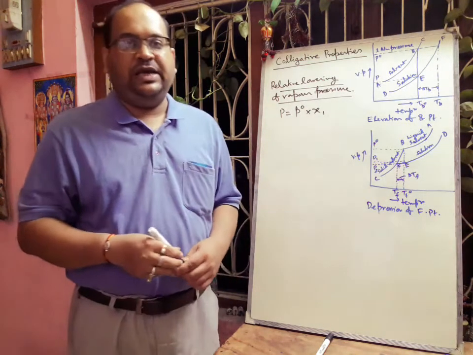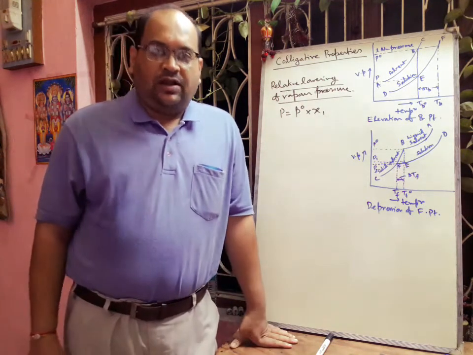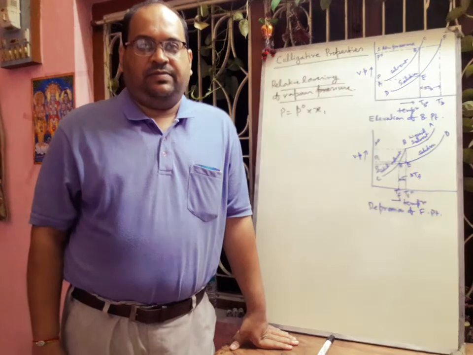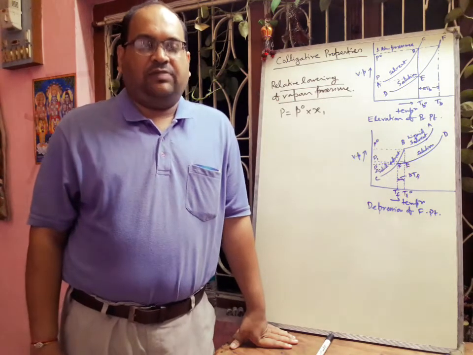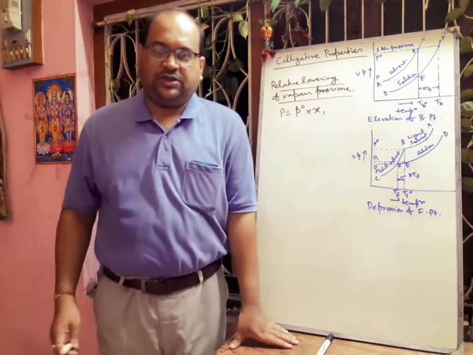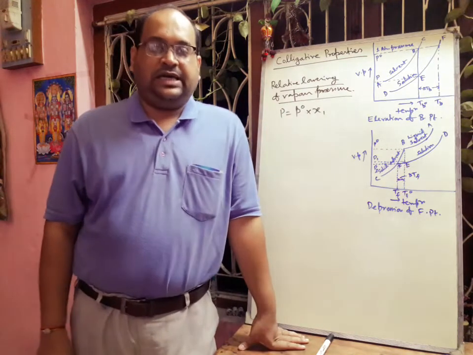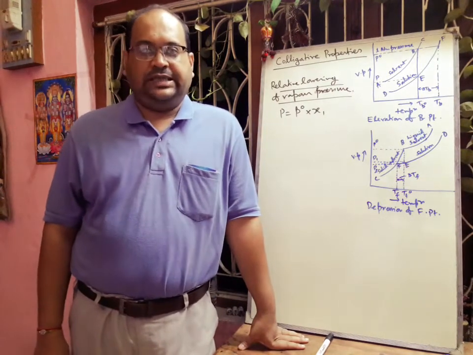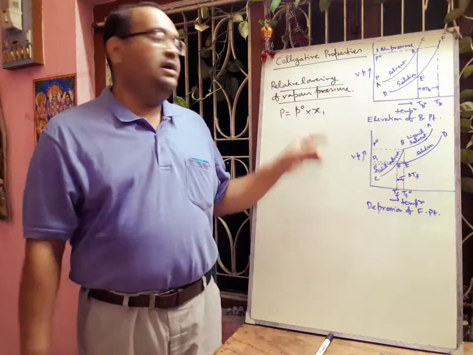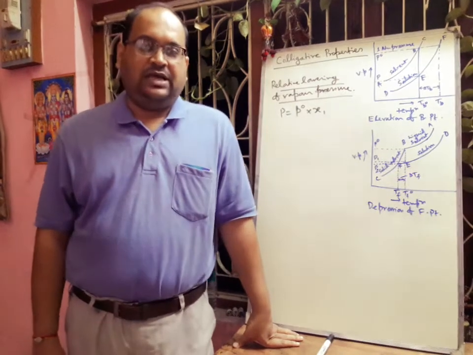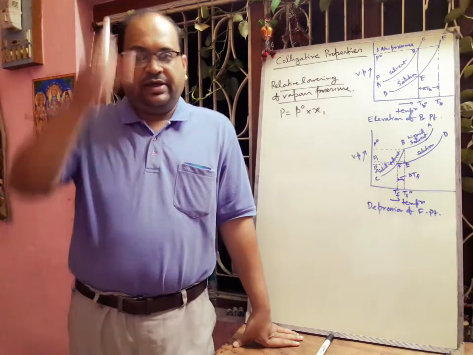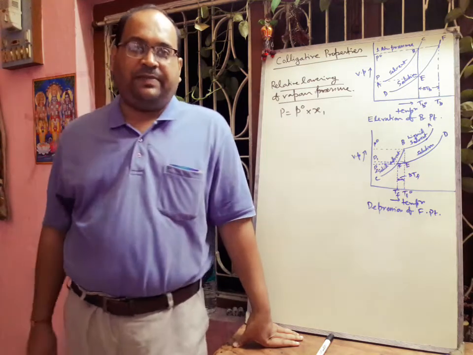Now what is P? P is the vapor pressure of the solution, and P0 is the vapor pressure of the pure solvent and X1 is the mole fraction of the solvent. Now what will be the lowering of vapor pressure?